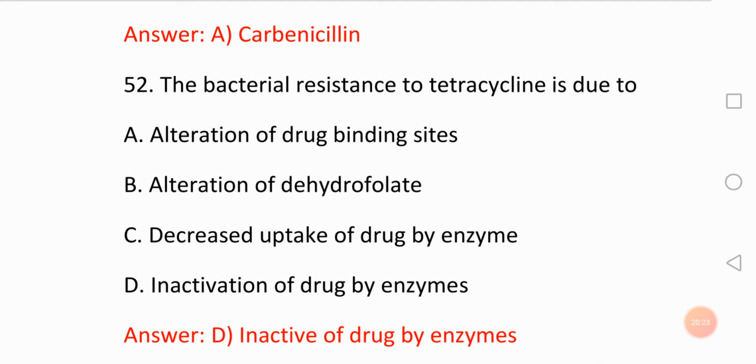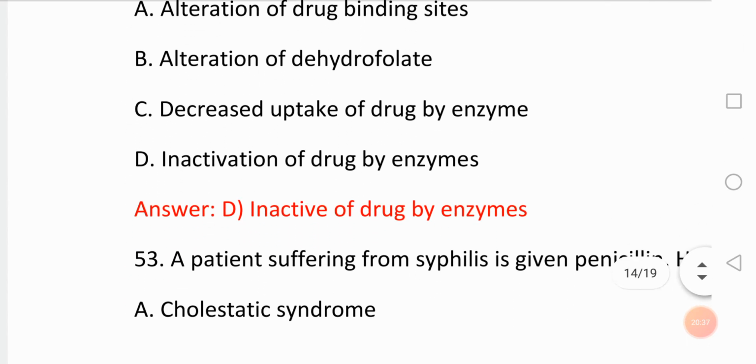Bacterial resistance to tetracycline is due to A. alteration of drug binding site, B. alteration of dehydrofolate, C. decrease uptake of drug, and D. inactivation of drug by enzyme. And the answer is D part, inactivation of drug by enzyme.